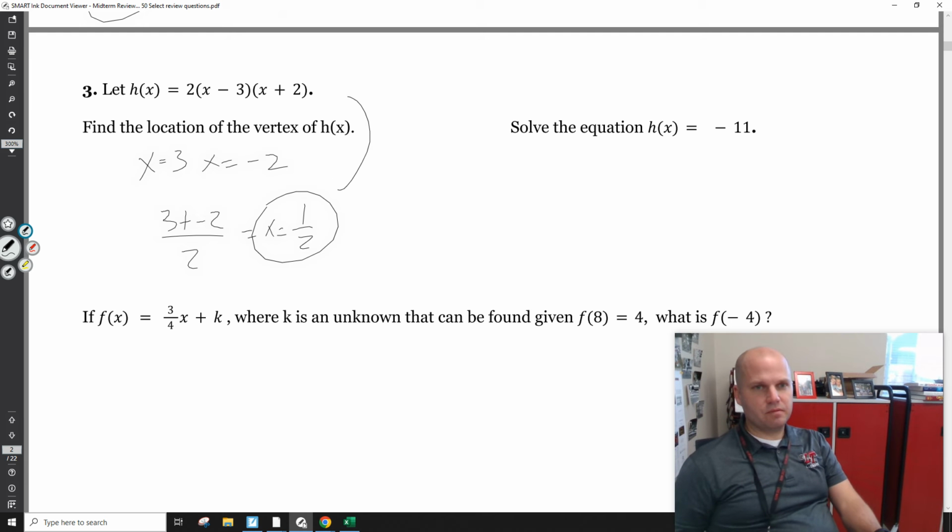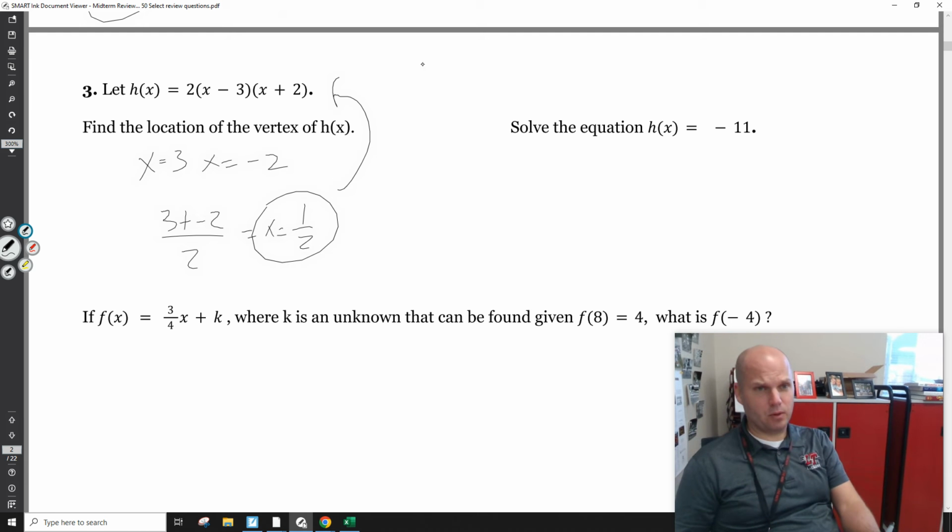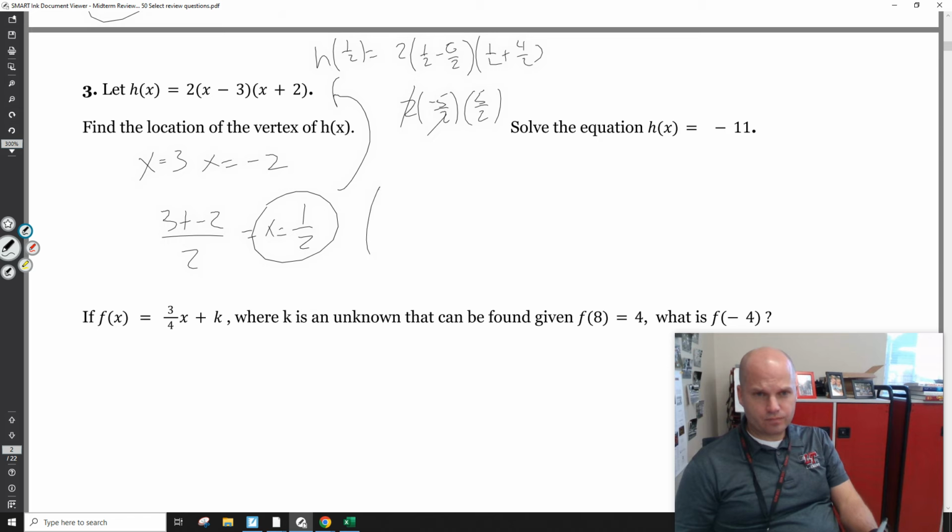Plug those back in to find the y-coordinate. I don't want to do that, but I'm going to. H of a half is 2 times 1/2 minus 6 halves, 1/2 plus 4 halves, 2 times negative 5 halves times 5 halves. Cancel, negative 25 halves.